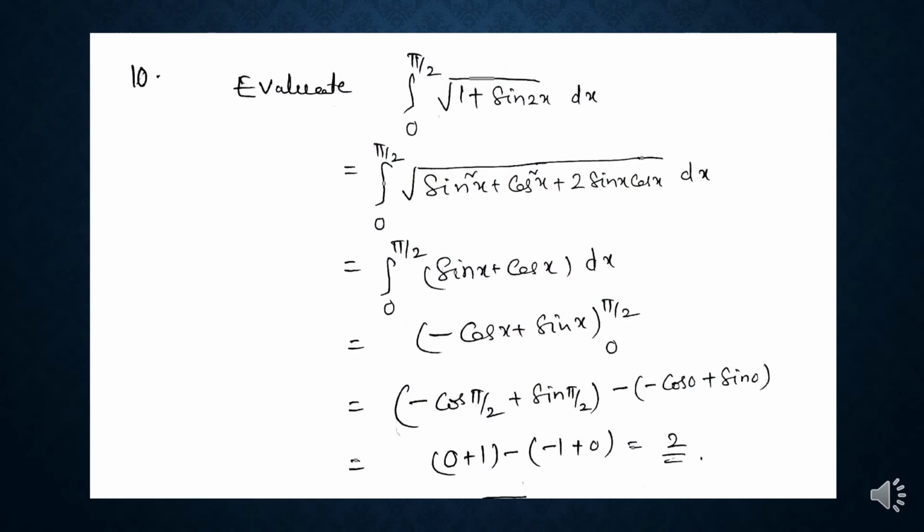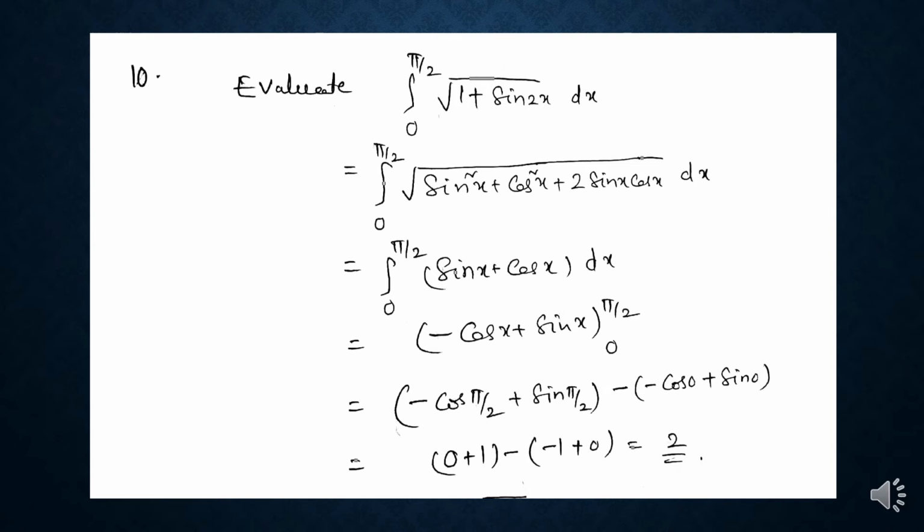Next problem. Evaluate the integral from 0 to pi by 2 of square root of 1 plus sine 2x dx. In the previous classes we did this kind of integral, how to remove the square root. The integrand can be written with 1 as sine square x plus cos square x, and sine 2x, which is in the form of sine 2a, can be written as 2 sine a into cos a.